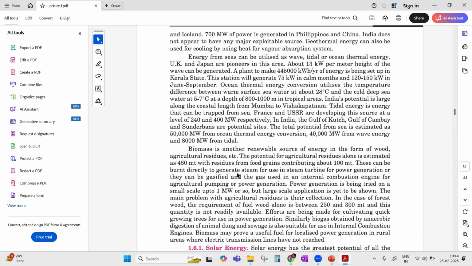Similarly, the biomass also. So the potential for agricultural residues. If you collect all the waste, all the agricultural residues, it is estimated to be 480 metric tons, out of which we are getting 100 metric tons from our food grains only. That means the waste after harvesting, whatever the leftover residues, if you collect, it is almost 100 metric tons, and we can maximum grab this much amount of plant material and generate energy out of this.